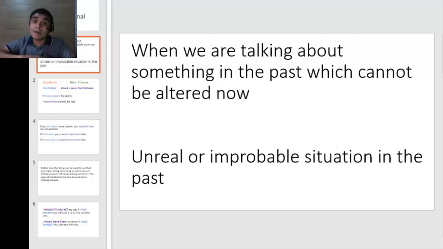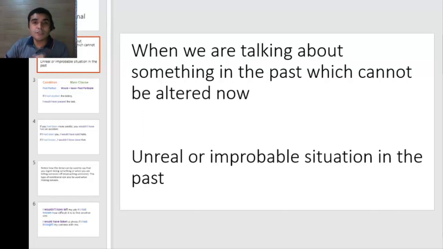These are things that are already done, they happened, and they cannot be changed anymore. We are talking about an unreal or improbable situation in the past. So we are trying to imagine a different past. That's what we are doing with third conditional.